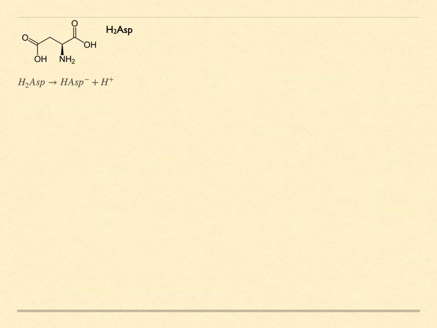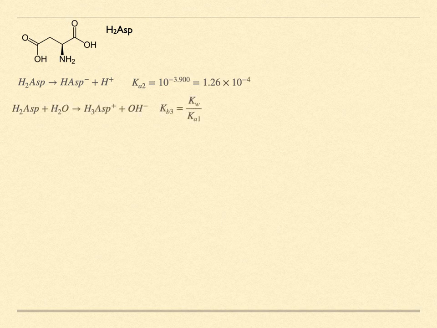First, we can consider a 0.025 molar solution of H2-ASP. It is amphiprotic and can behave both as a base, converting to H3-ASP+, or as an acid, converting to H-ASP-. We make the same analysis and arrive at the same conclusion as before. We will assume that the formal concentration is the species concentration for H2-ASP. This allows us to find the hydronium ion concentration using the same expression as before.